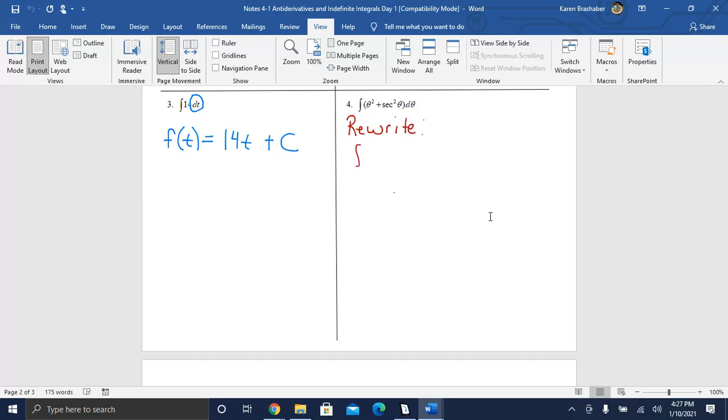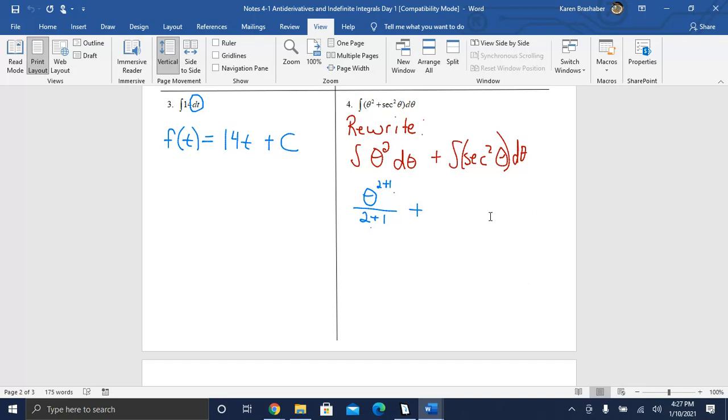So we could integrate theta to the second d theta plus, and then integrate secant squared of theta d theta. So since we're integrating with respect to theta, we'll use our power rule in this first one.